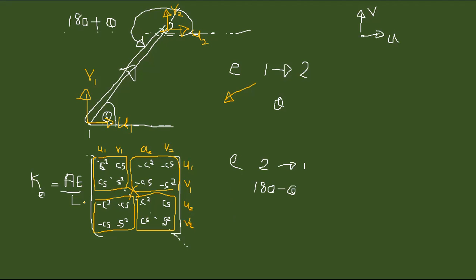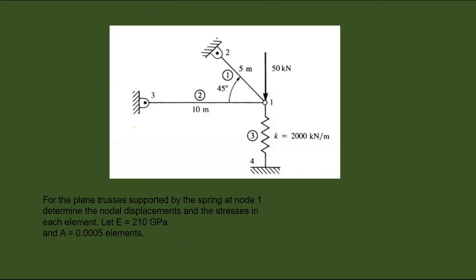So if you consider a simple example like this, the nodes have already been defined. So this is 1, 2, 3 and 4. I will define it as it is.